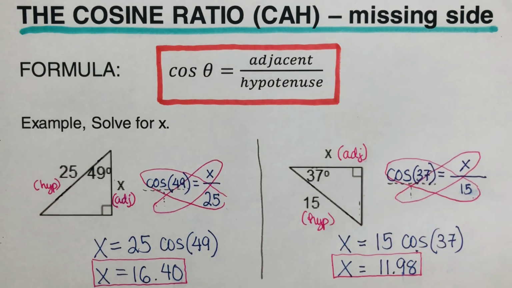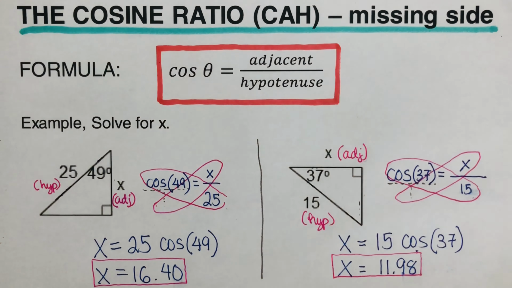That would be cosine of 27 is equal to adjacent over hypotenuse. The adjacent now is 15 and the hypotenuse is x. So it's a little different from the first two problems, because the x now is at the denominator. Cosine 27 is over an invisible 1. This time I'm going to cross multiply these two.